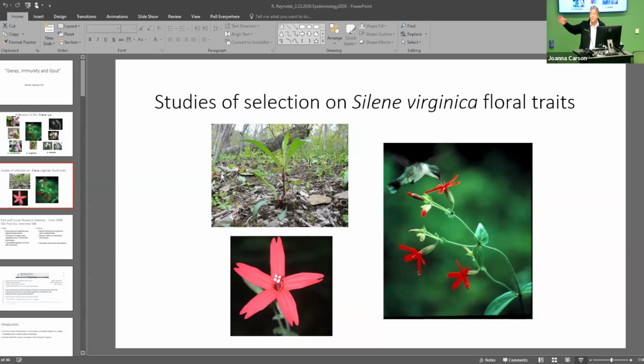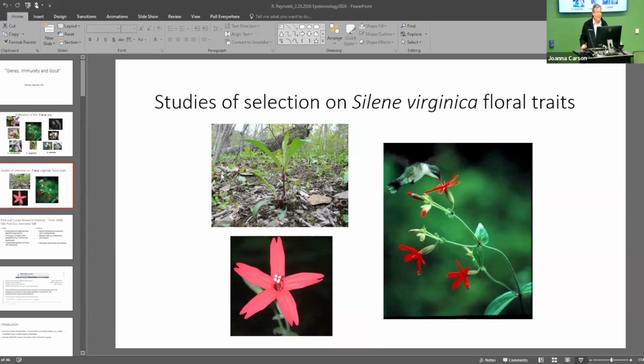And I actually went back to the slide deck of the presentation and pulled these pictures. I can imagine what you're thinking. What does gout have to do with flowers and pollinators? But Sudeep had asked that I give a little history of my path to my current position, and it essentially is plants to gout.